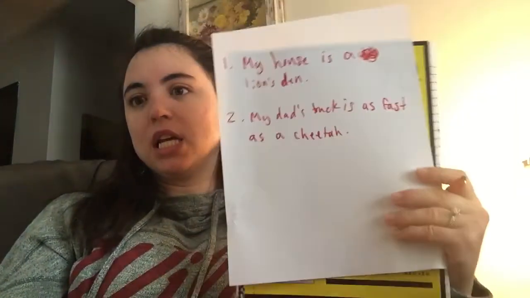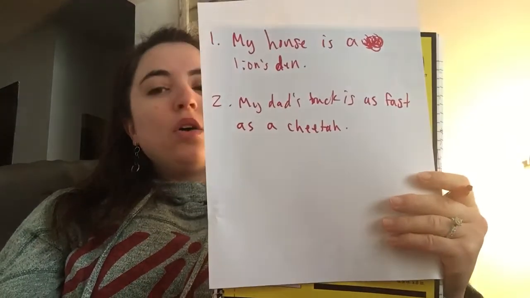Something like that. Or my mom's car is as messy as a pig pen. Or you can use the word like. Remember, similes compare two unlike things using the words like or as. Okay, so you'll put writing on the top and you'll label that 3-15-21 and you'll put your name.